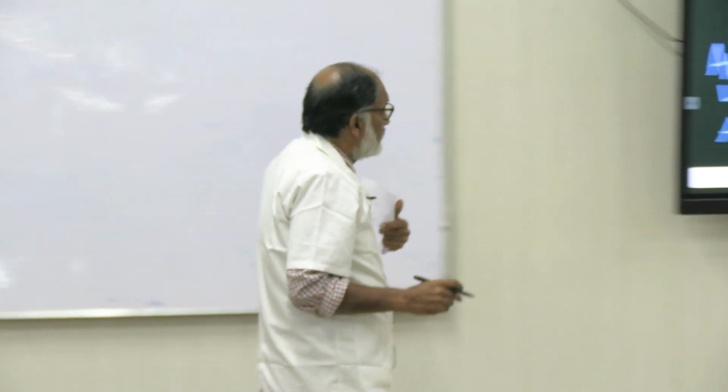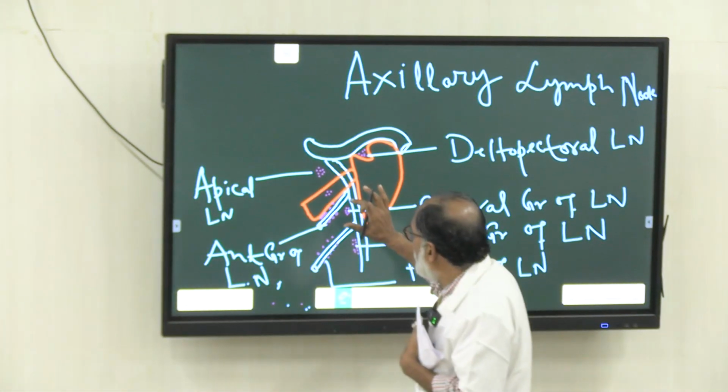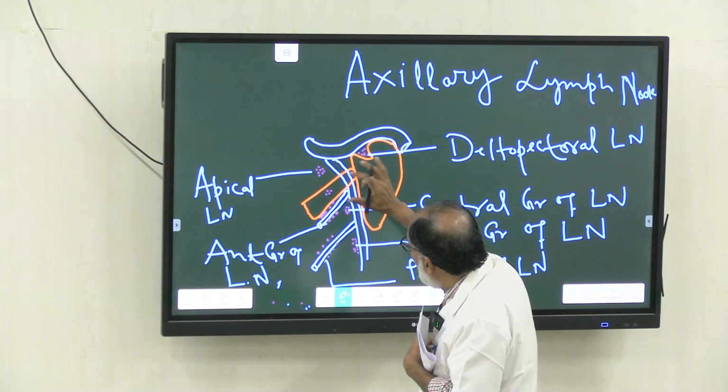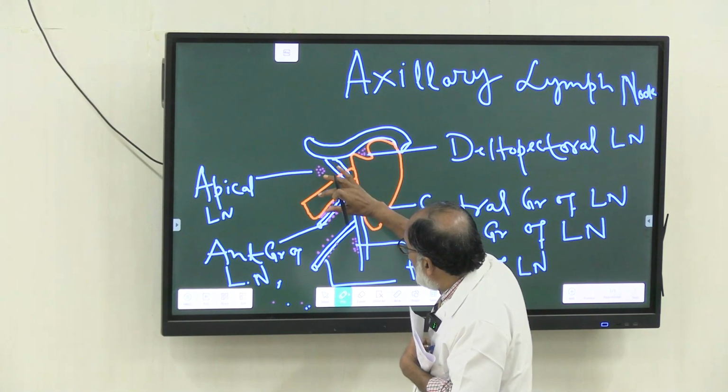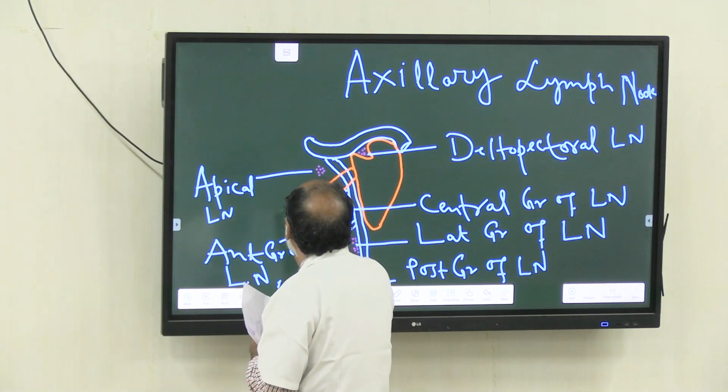Now another group, that is the anterior group of lymph nodes. Here you see this vessel which is passing along the inferior margin of this muscle. The name of this muscle is pectoralis minor.